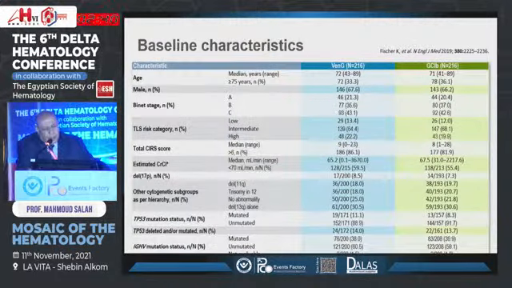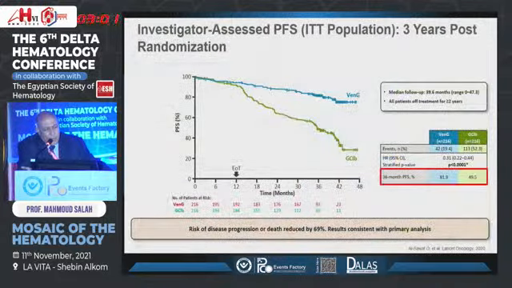Also, the patient characteristics were equal between the two arms regarding the age, sex, the staging risk, or the risk stratifications by the TP53 mutations or IGHV mutations.